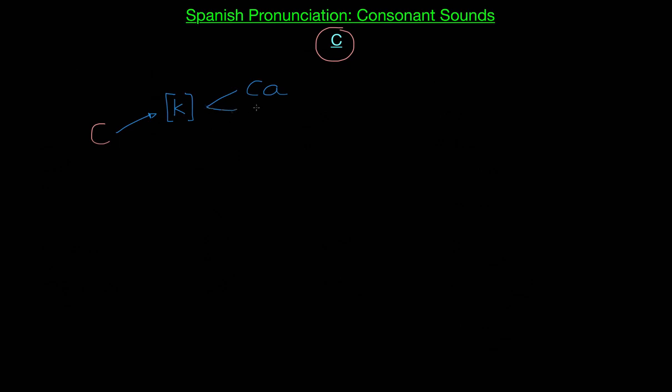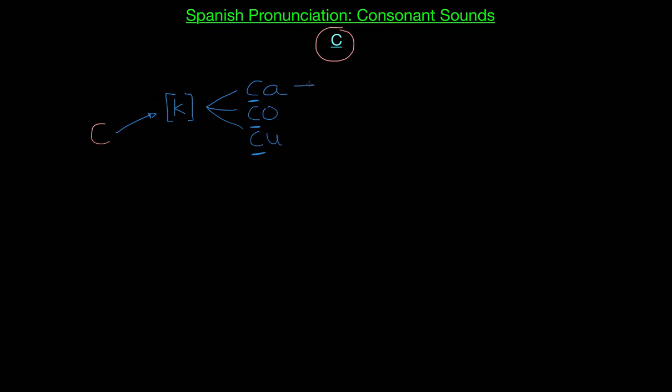When this C is before an O, ko, and when this C is before a U, ku. So this is ka, this is ko, and this is ku.